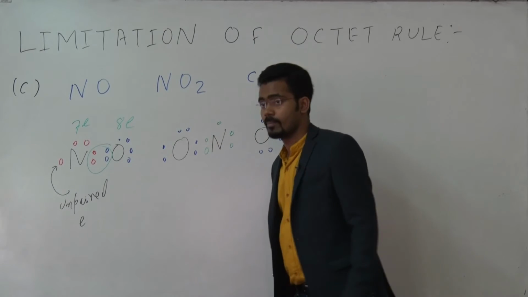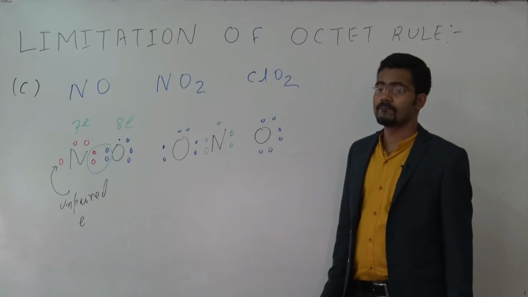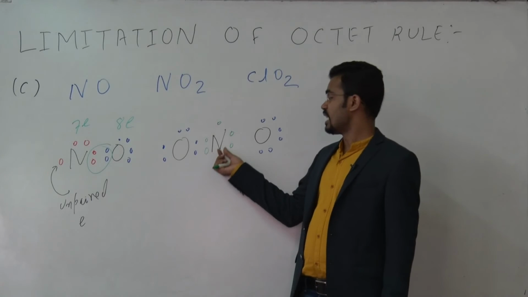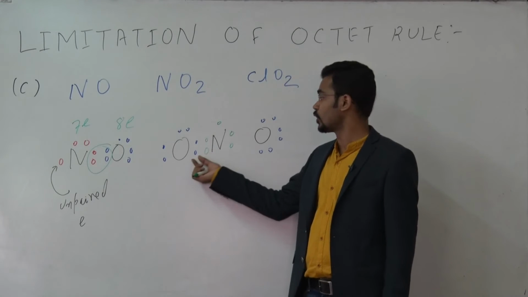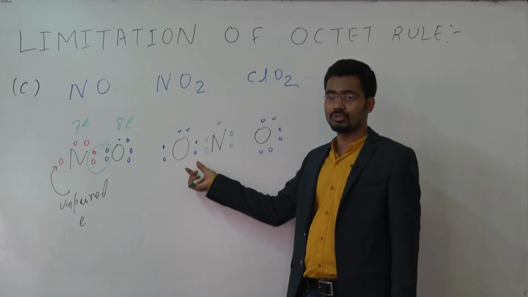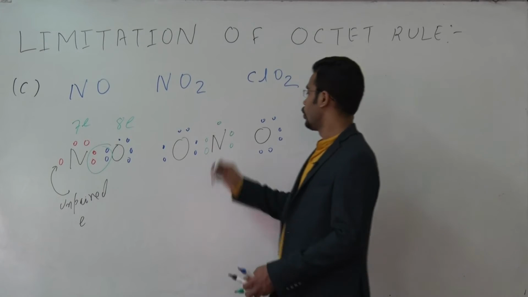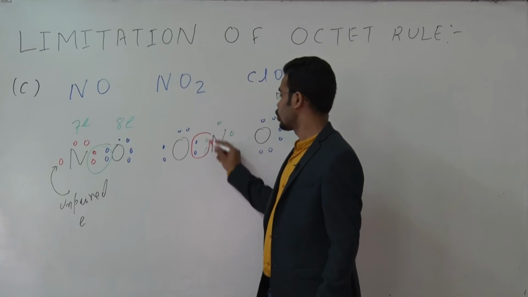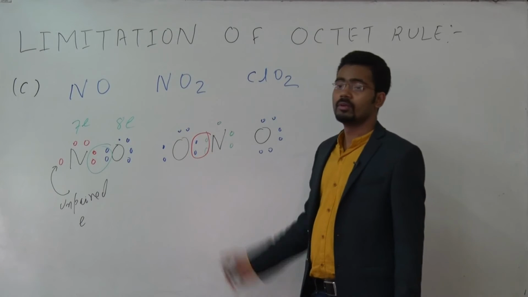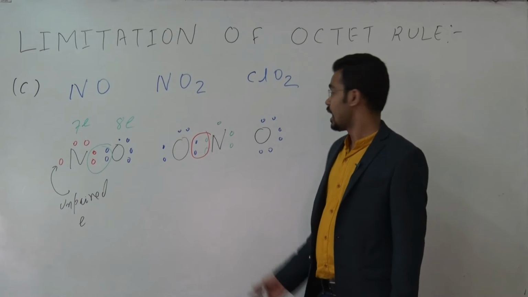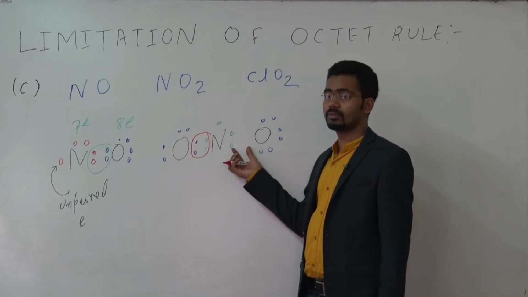See here, nitrogen shares 2 electrons with this oxygen, yes or no? So the sharing of 2 electrons means the total number of electrons between nitrogen and oxygen is 4. And what about this?